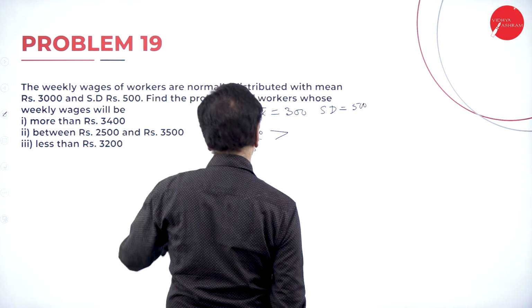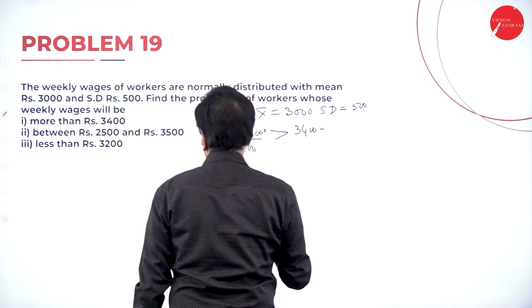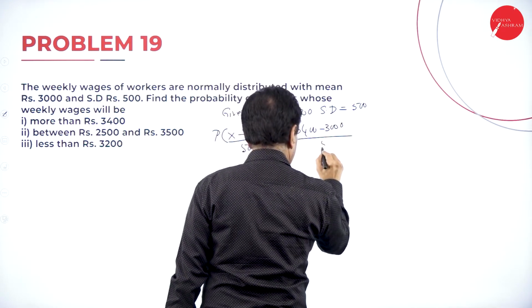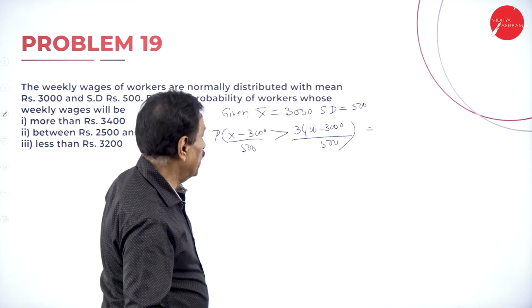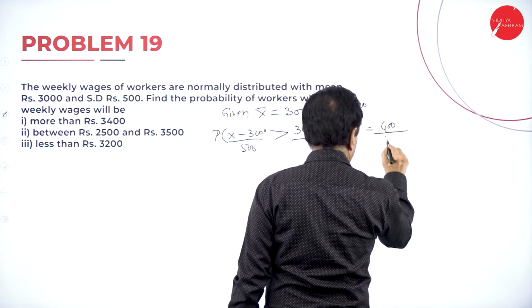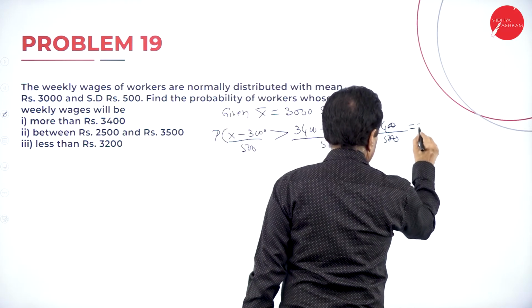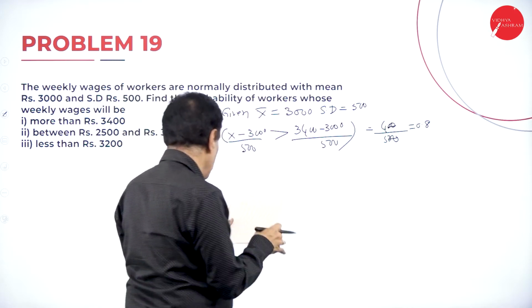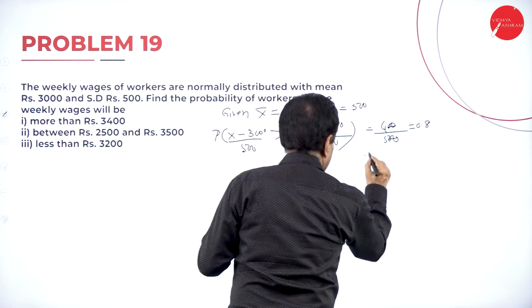More than 3,400. 3,400 minus 3,000 divided by 500 is equal to 400 divided by 500, 0.8. What's the value for 0.8? 0.2881.